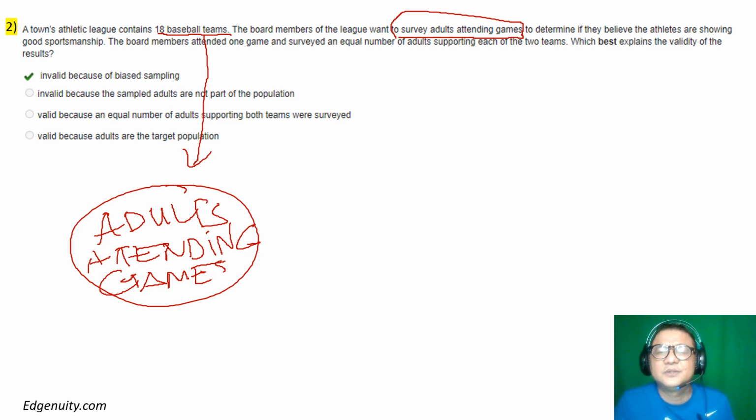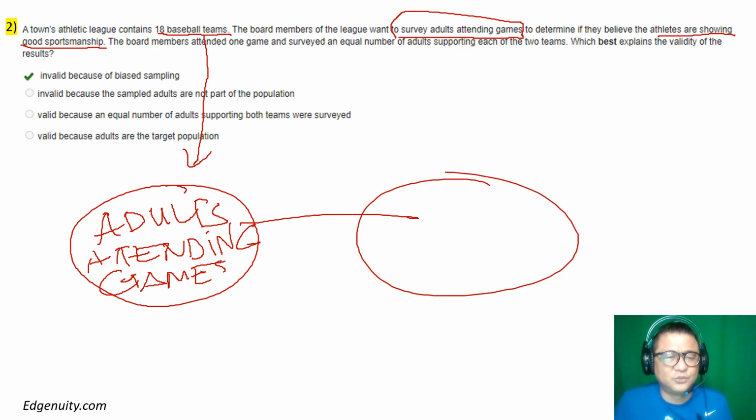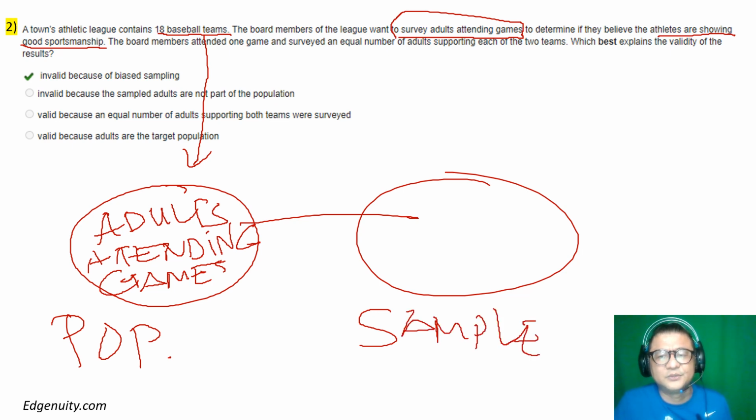They want to know if the athletes are showing good sportsmanship. This is the population. Remember, this is the sample. We don't know the sample yet.